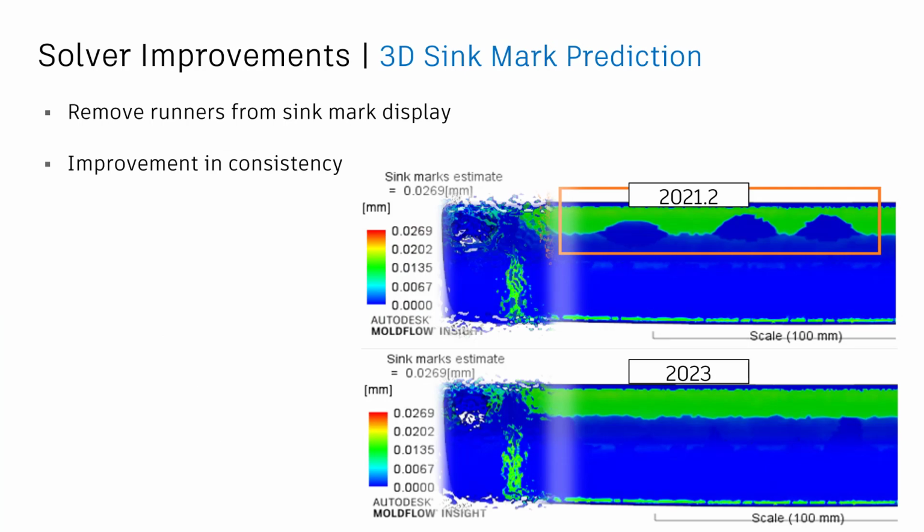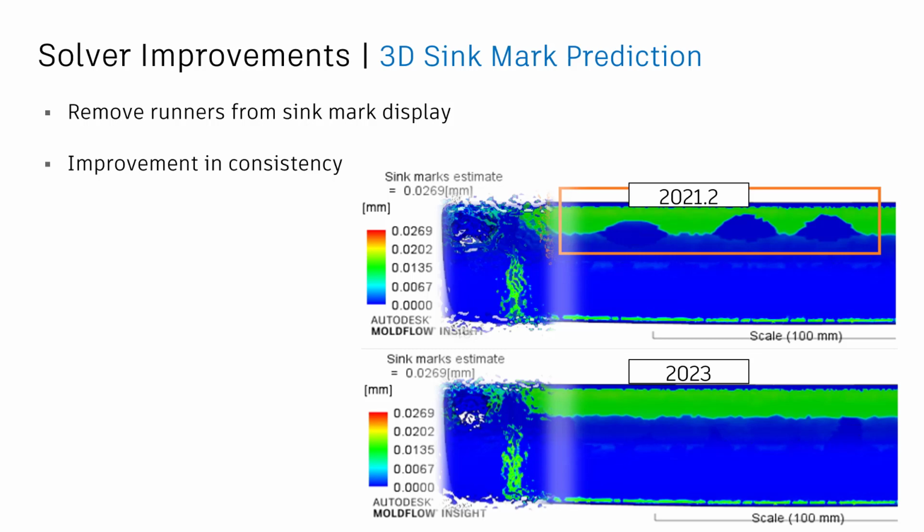Another solver improvement is in the 3D sink mark predictions. We've been consistently working on improving the results. In 2019, we were not able to predict sink marks at the chunkier sections. It needed an rib, and only opposite to the rib were we able to represent the sink marks.